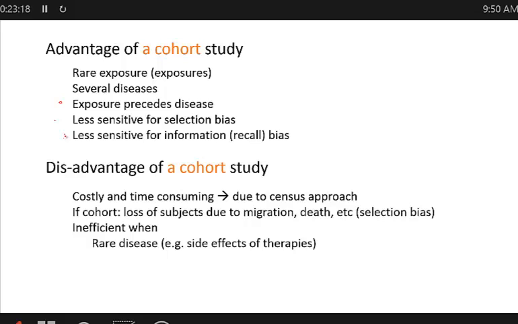Okay. So that way you can avoid the people who are measuring outcomes selectively judging whether a patient has the outcome or not based on exposure. So you could have a better design to avoid information bias if you're doing a prospective cohort study.